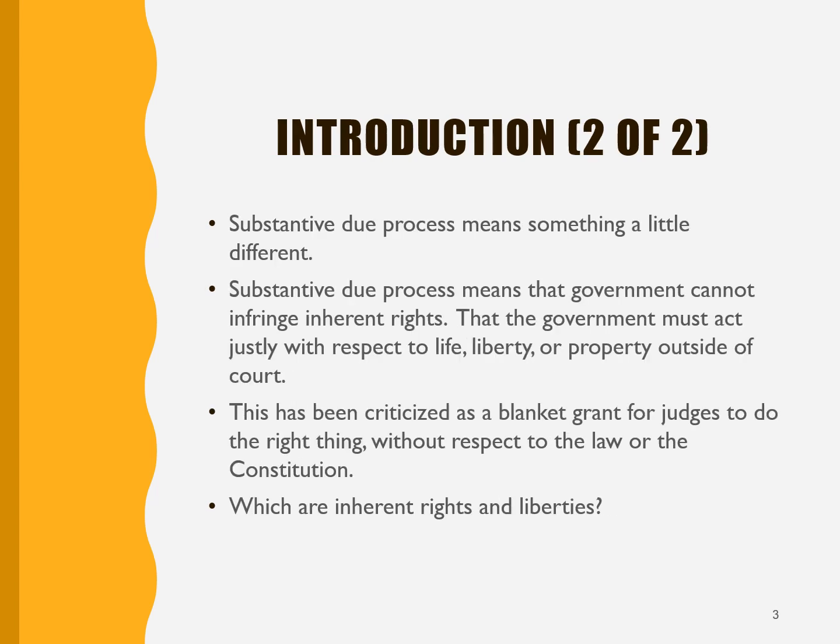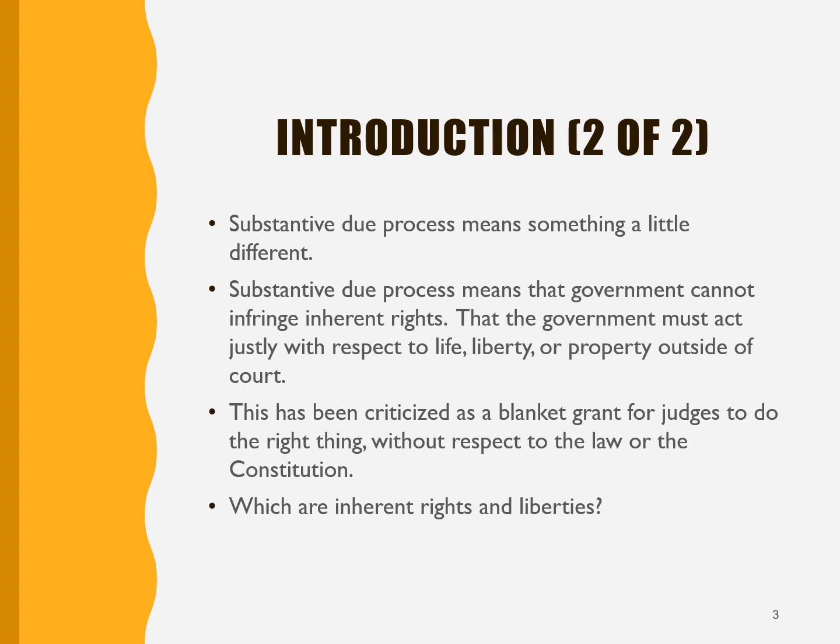So substantive due process is talking primarily about what is fair, what is a fair action of government, and what government may do in terms of taking away people's rights. Is it life, liberty, property, or maybe even some other concepts?